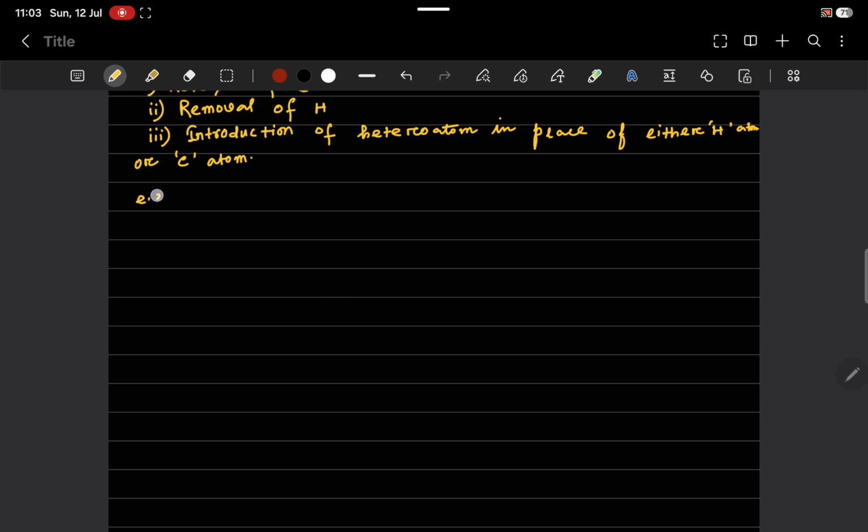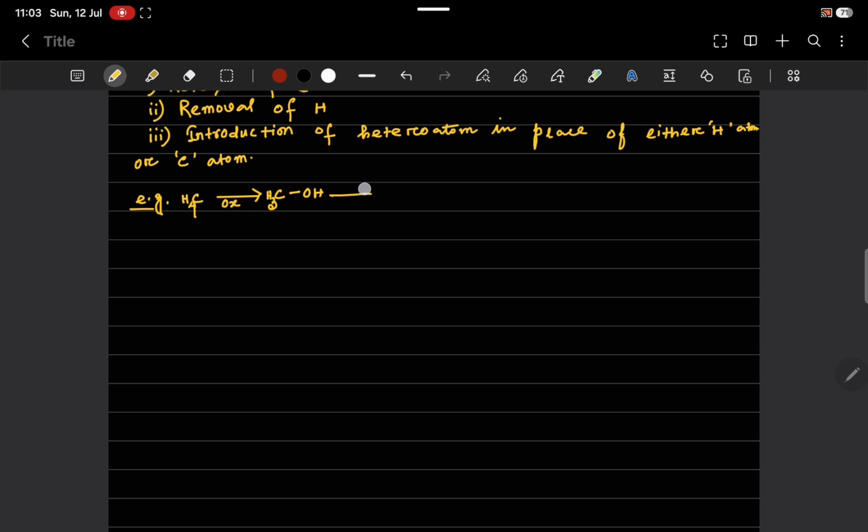We are taking one very common example. Just try to understand. Let's say we have CH4. From CH4, if we go to CH3OH, this is oxidation.